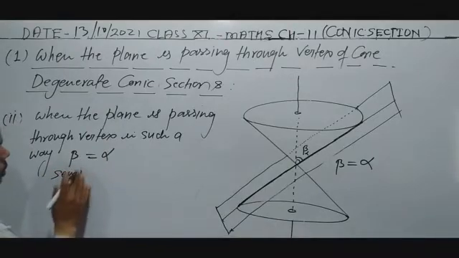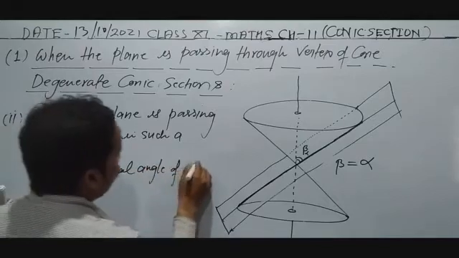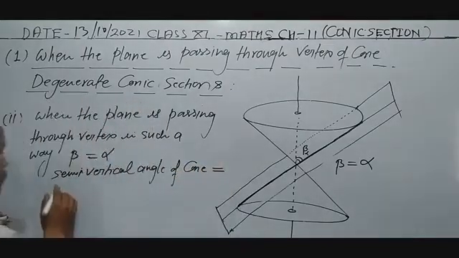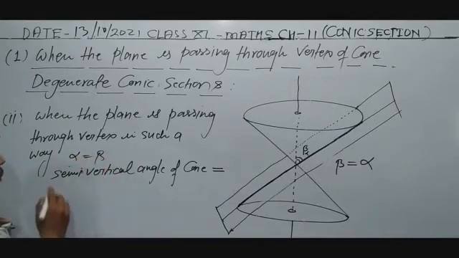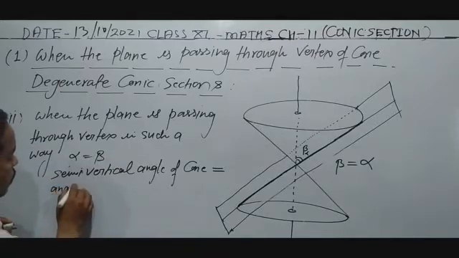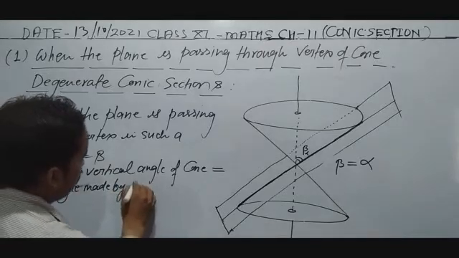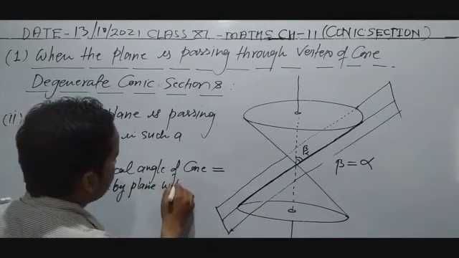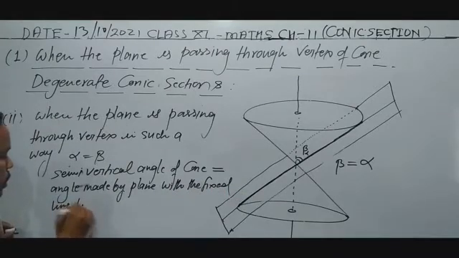It means the semi-vertical angle of the cone, alpha, is equal to the angle made by the plane with the fixed line L1. Now what will be the result?